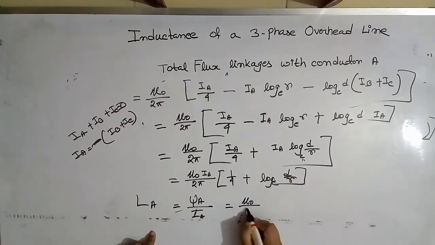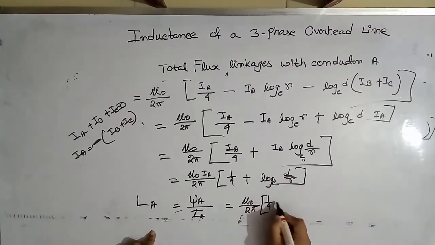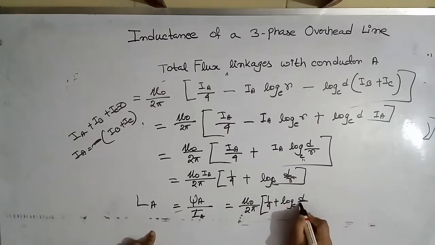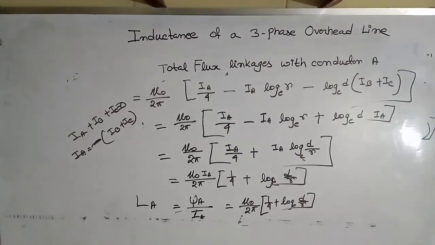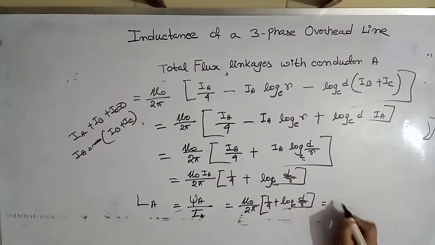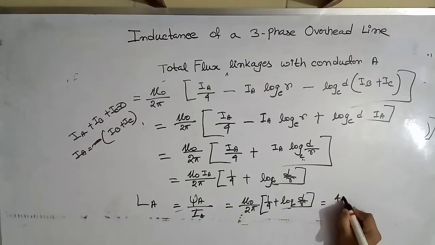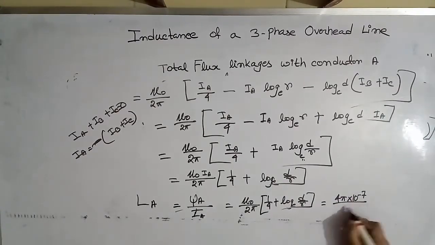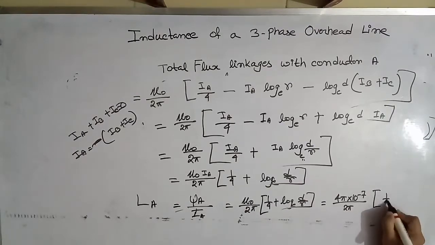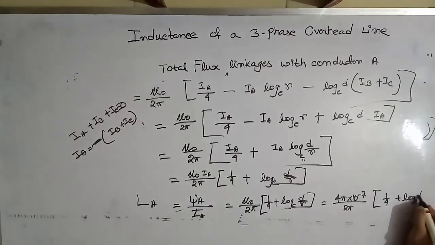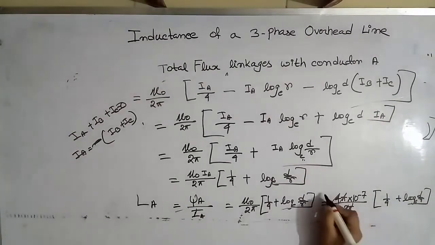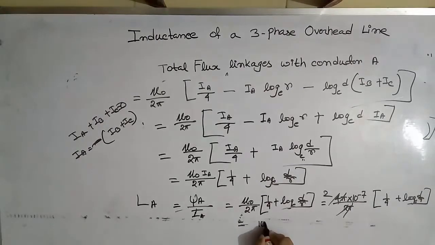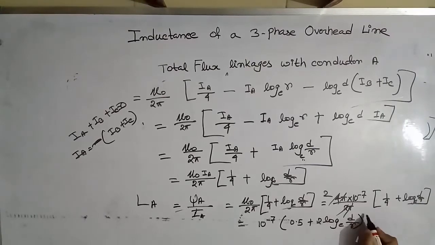So mu 0 by 2 pi, 1 by 4 plus log e D by R. Now we can write the value of mu 0 as 4 pi into 10 to the power minus 7 by 2 pi, 1 by 4 log e D by R. So 10 to the power minus 7 into 0.5 plus 2 log e D by R Henry per meter.